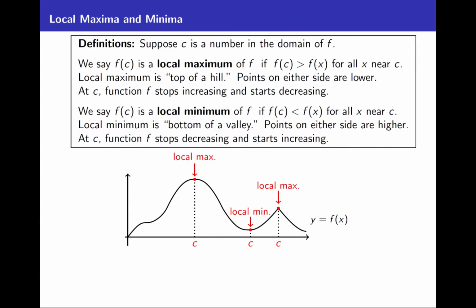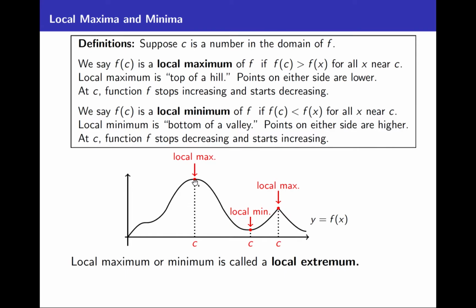So these are big definitions. They'll be with us for most of part 4 of the course and beyond. A few vocabulary words here. A local maximum or a local minimum is called a local extremum.